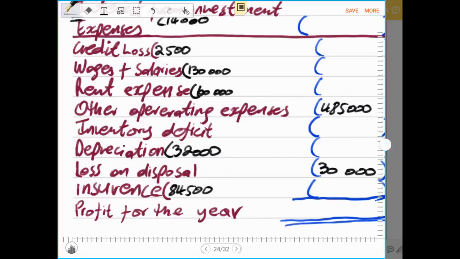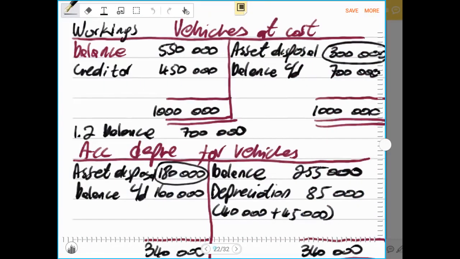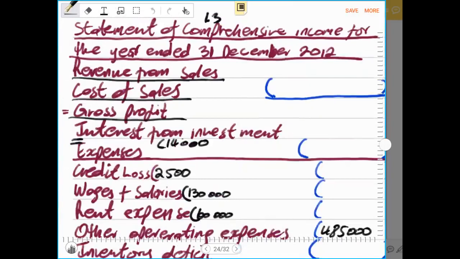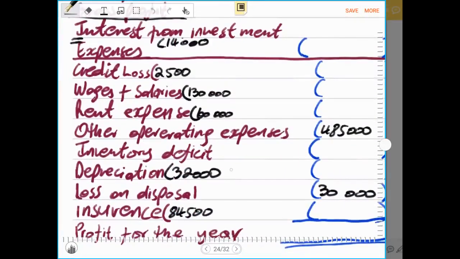With regard to depreciation, we have already completed that, and we can record it too if we want. In the accumulated depreciation for vehicles, we have a total depreciation for the current year of 85,000 rands. That means we can immediately also record that in the income statement, because we have already accounted for the one on equipment. We add 85,000 rands.